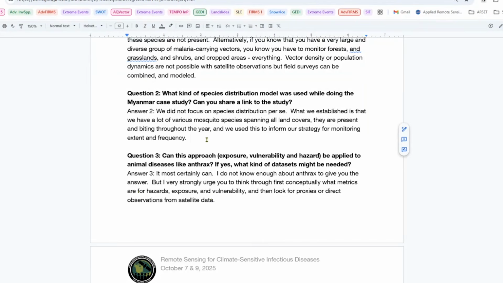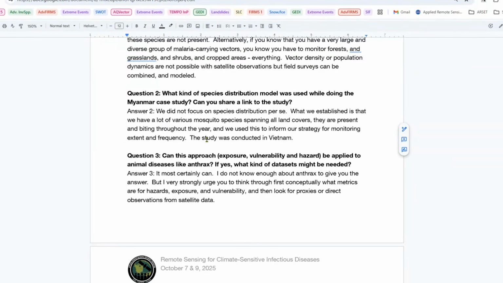And that's what helped us determine that we needed to monitor across all land covers present in the area. The study that I cite in my slides was actually carried out in, I think, Vietnam, maybe Cambodia, but it's very close to Myanmar. It's in the Greater Mekong region, and it would be helpful if we had it earlier, but it was very insightful in any case.